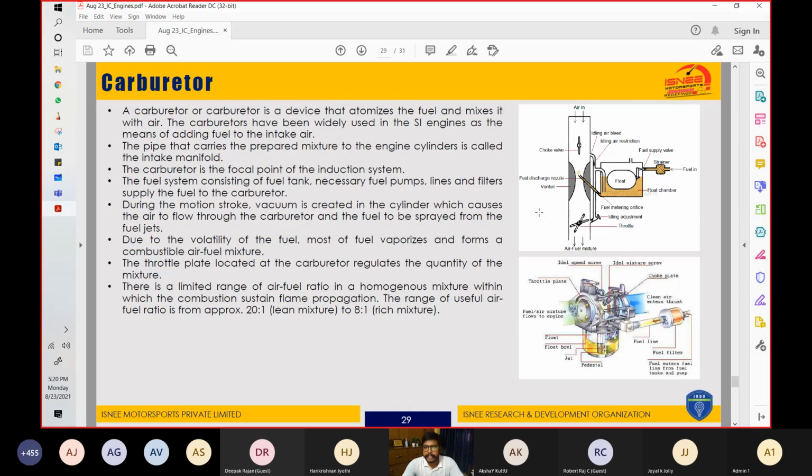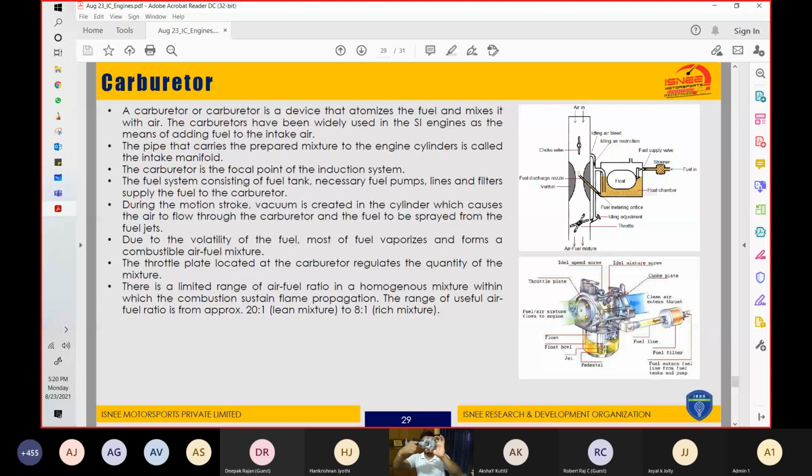Okay, so this is a venturi like this, and air comes in from here. Then there is a valve, you see. Okay, you see, this is a valve.